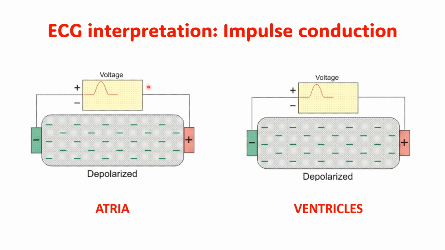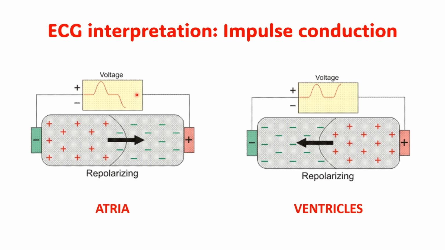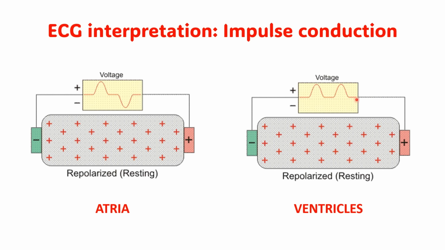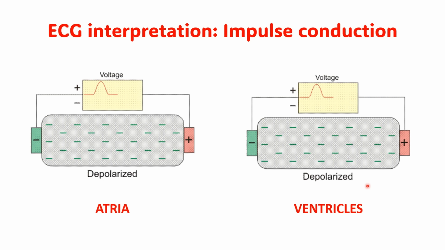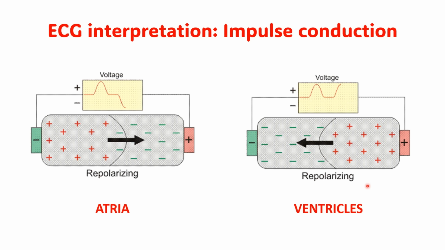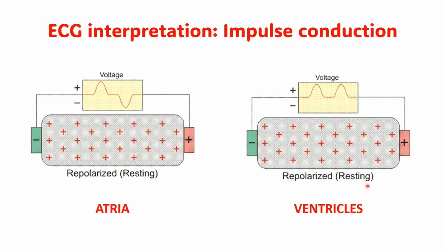hence why you have that negative deflection. Okay. But when we look at the ventricles, they repolarize from the apex upwards. So ventricular repolarization is in the opposite direction to ventricular depolarization.